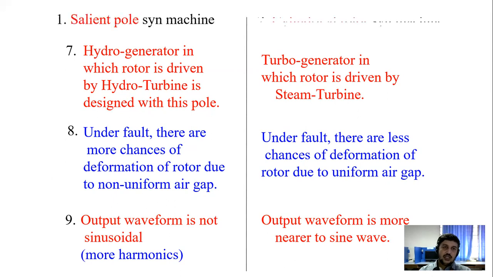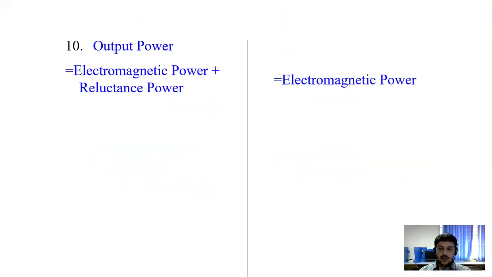Now the last point is about the output power equation. If we derive the output power equation for a salient pole synchronous machine, then the output power consists of two components: one is the electromagnetic power and the other is the reluctance power. In some next lecture, we are going to derive the output power equation for both salient pole and cylindrical rotor synchronous machines.